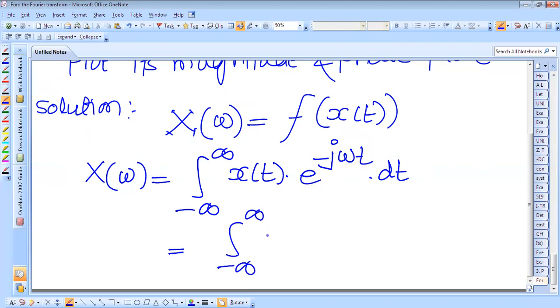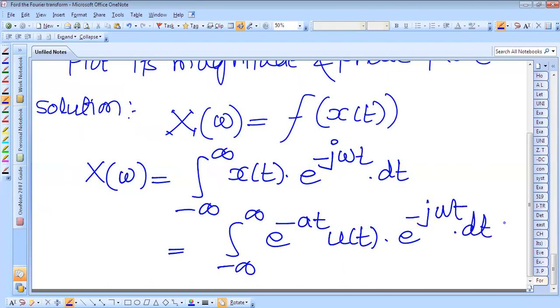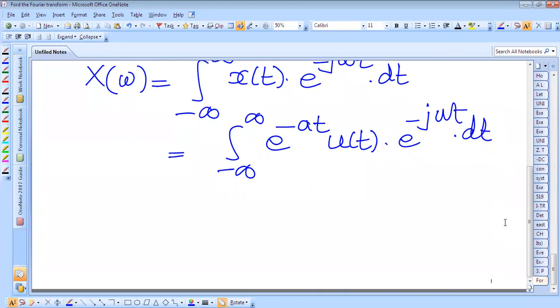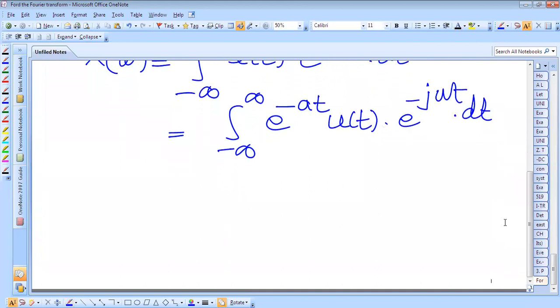X of t is given, it is e raised to power minus at into u of t into e raised to power minus j omega t into dt. So these two terms are there. U of t is nothing but the unity function, and it is equal to 1.